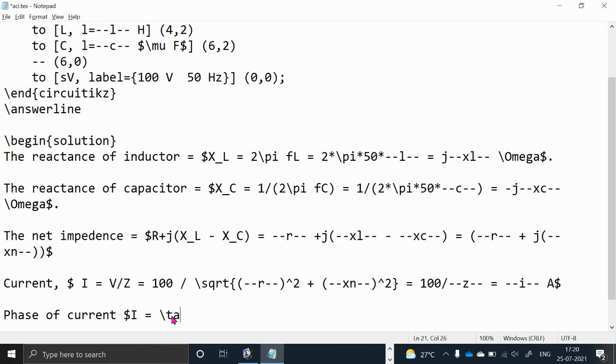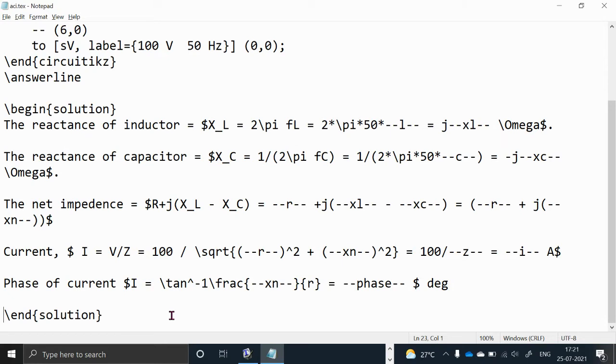So backslash tan to the power of minus 1, and then a fraction, XN by R, which equals the phase. Already we are calculating in degrees, so degrees. This is our final answer: current in polar form.